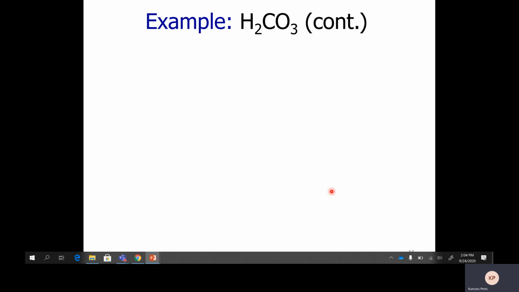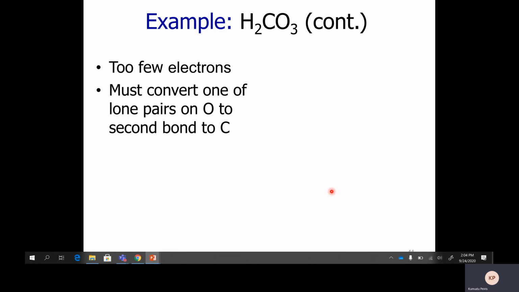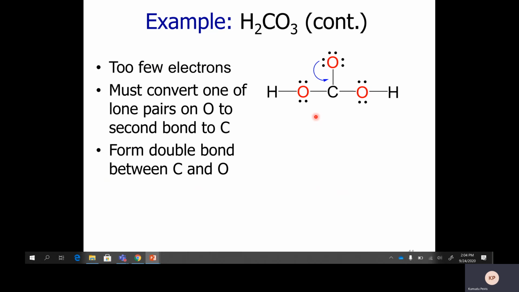So the carbon has too few electrons. Therefore, we need to convert one of those lone pairs on oxygen into a second bond to the carbon. We are making a double bond between this carbon and oxygen.